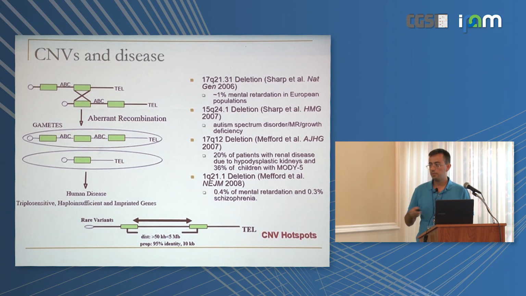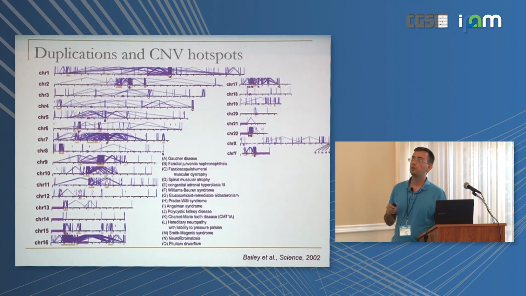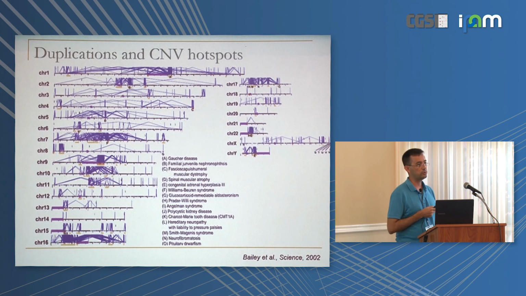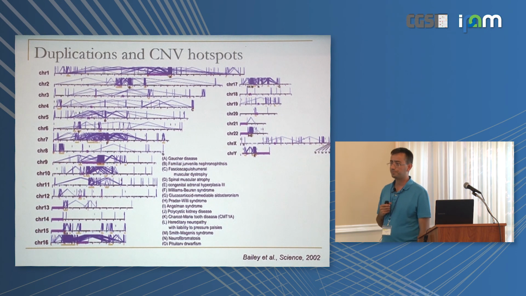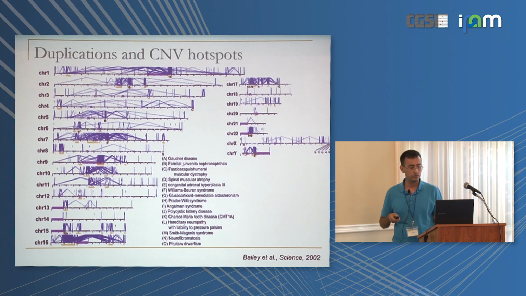So again, when we are talking about these CNV hotspots, we can find them throughout the genome looking at the segmental duplications. And this is the map of human segmental duplications in build 36, I believe. So this slide is a bit old. And these blue lines basically show the copies of different duplications.